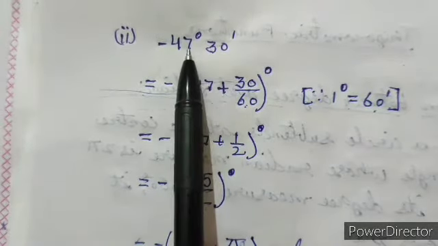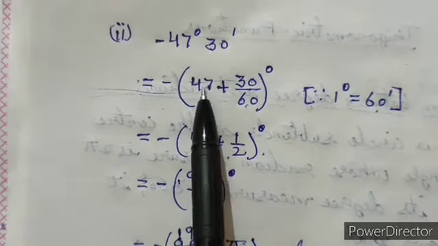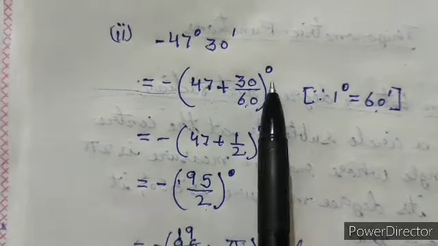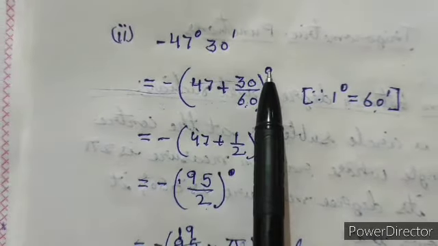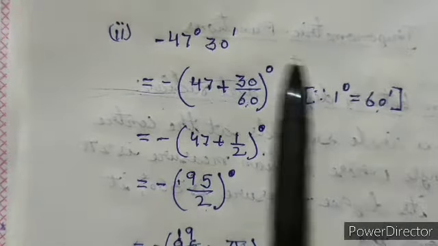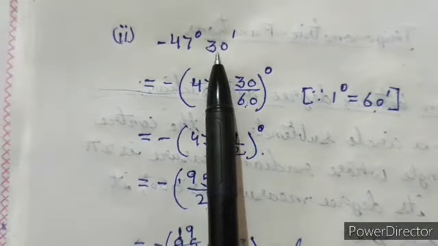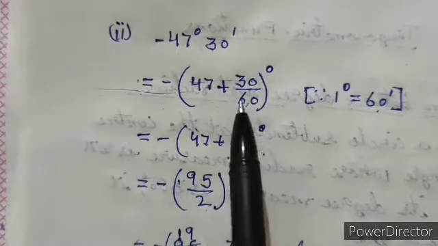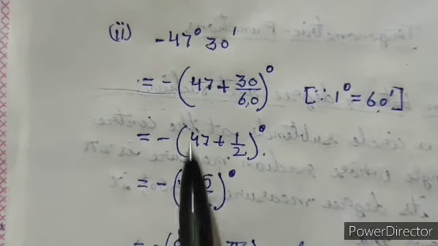Now in second part, we have to convert minus 47 degree 30 minutes in radian measure. Now 47 degree 30 minutes can be written as 47 plus 30 by 60 degree, as 1 degree is equal to 60 minutes, so 30 minutes will be equal to 30 by 60 degree.